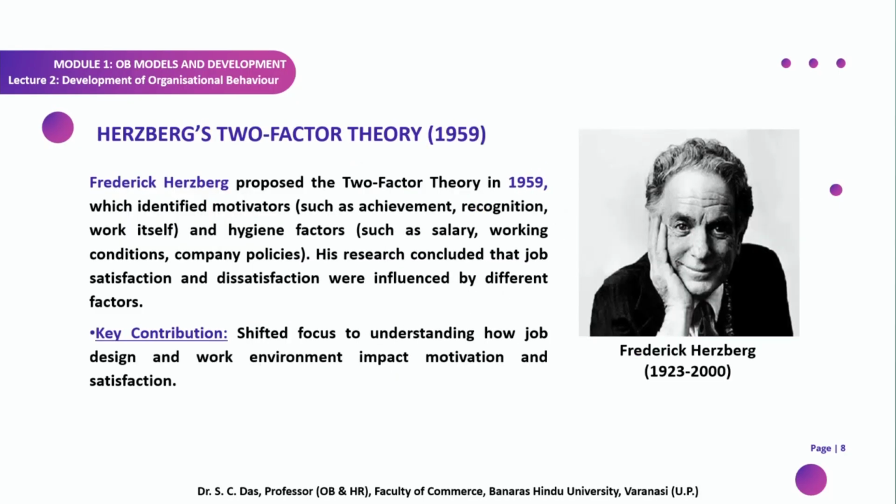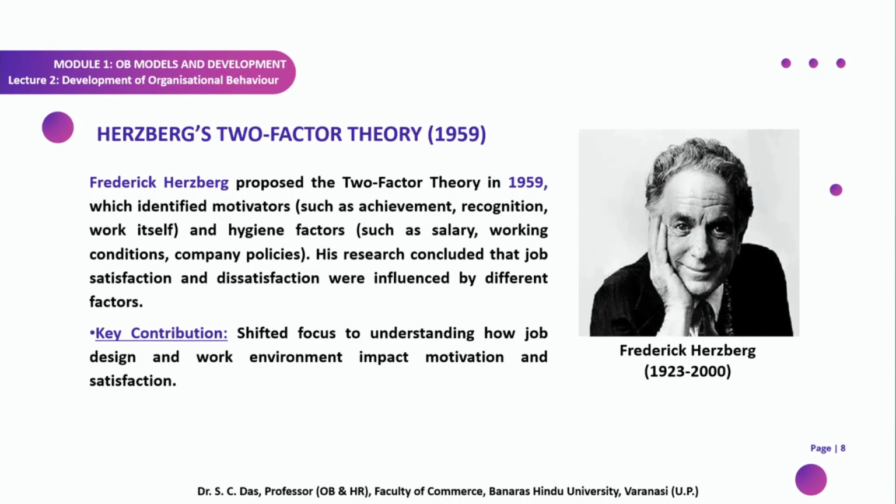Now see, Herzberg's two-factor theory, 1959, most important. Frederick Herzberg proposed the two-factor theory in 1959, which identified motivators such as achievement, recognition, and the work itself. There are two different factors: motivational factors and hygiene factors.